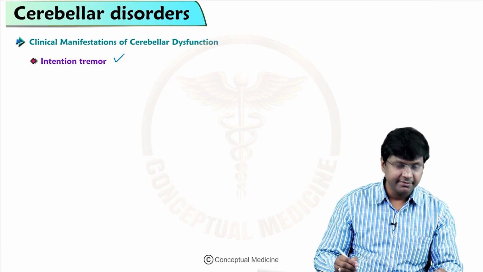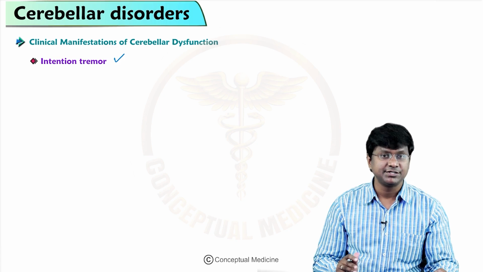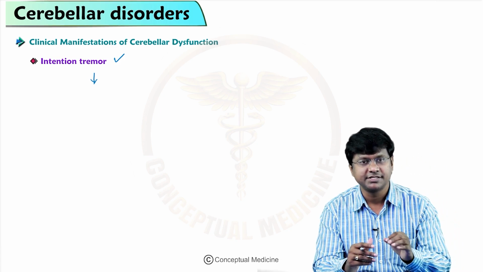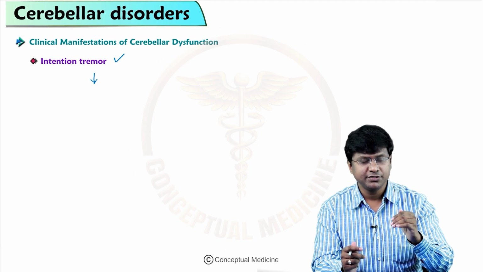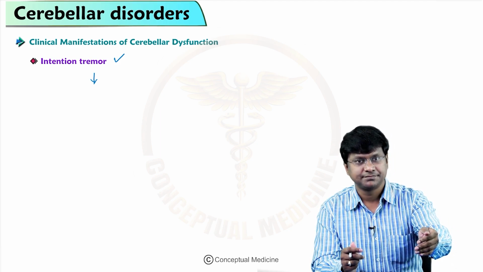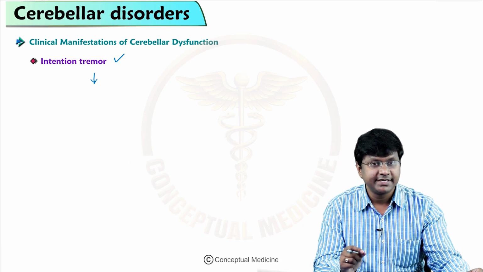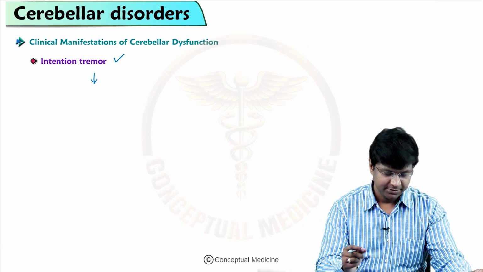Then these individuals will also have intentional tremors. What you understand by intentional tremors is that when the individual is about to do a certain action, during that time the individual will have tremors within the hand. That is called intentional tremors.